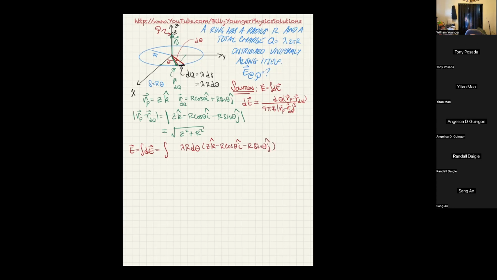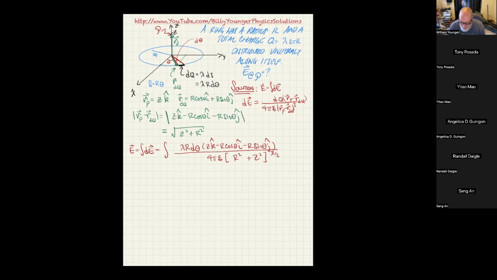That's all going to be the vector. And all that is going to be divided by 4 pi epsilon naught times r squared plus z squared to the 3/2 power.